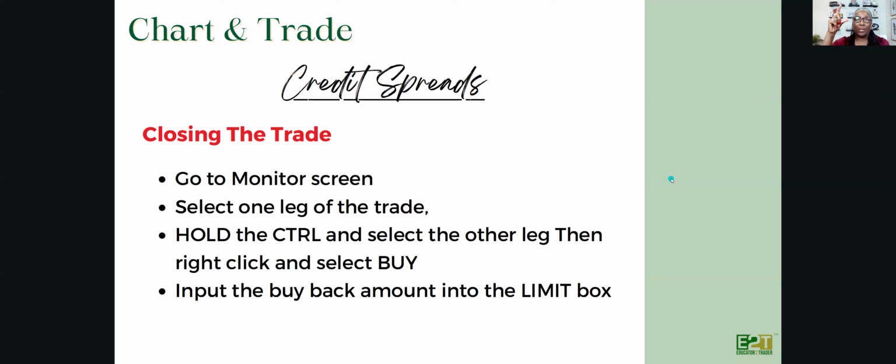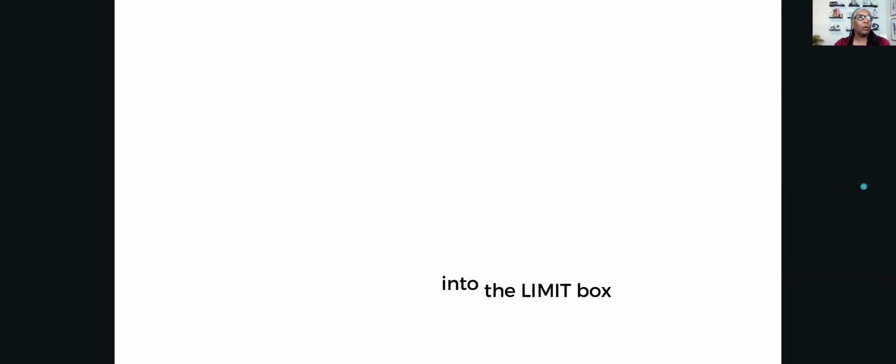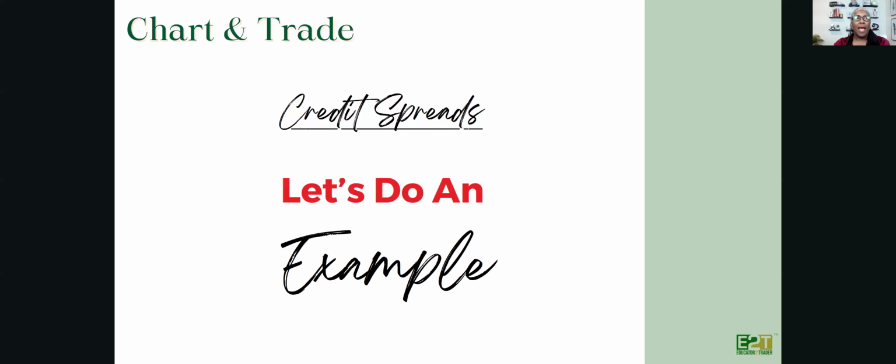You sell for that $17, and then you want to buy it back when it's worth $1 or $2 or $3. And the difference between those two is your money. Just like we talked about with cash secured puts and covered calls. You take in an amount at the beginning, and then you want to close it for less than that when it's time to go.